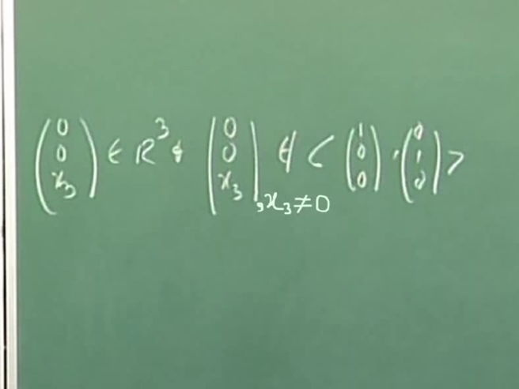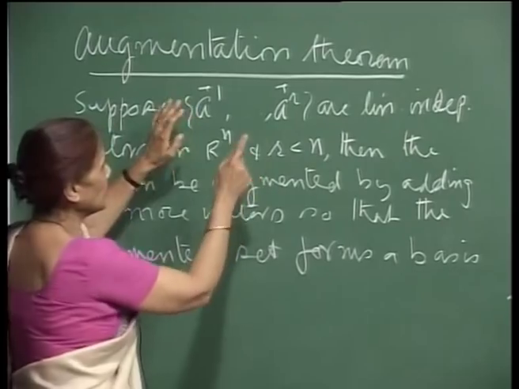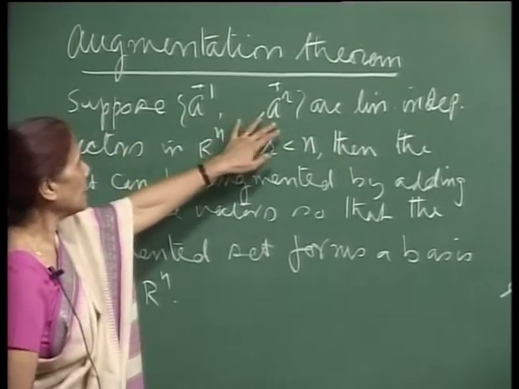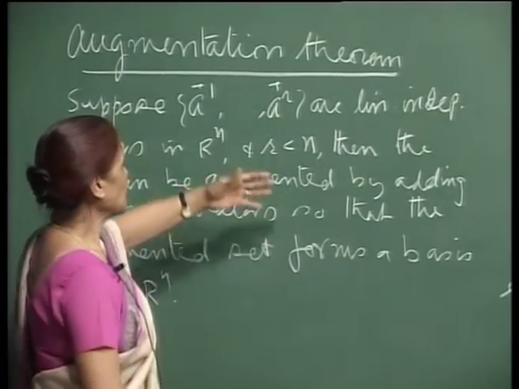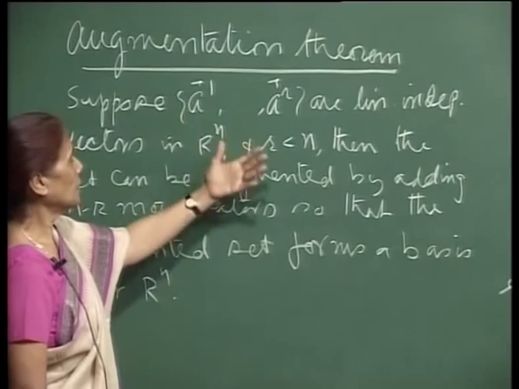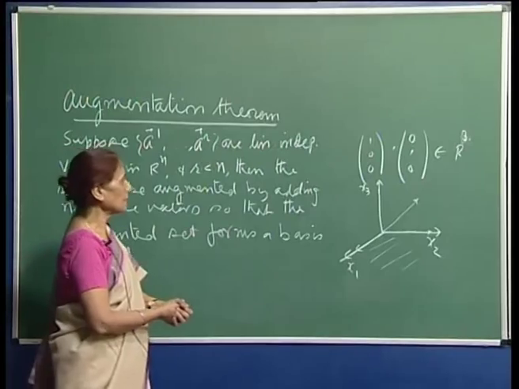If you have a set of linearly independent vectors, and since R is less than n, obviously this cannot be a basis. That means, it cannot be a spanning set for Rn. So, there will be vectors which are not in the linear combination of these R vectors. So I can find one, add it to the set, and that will remain linearly independent.